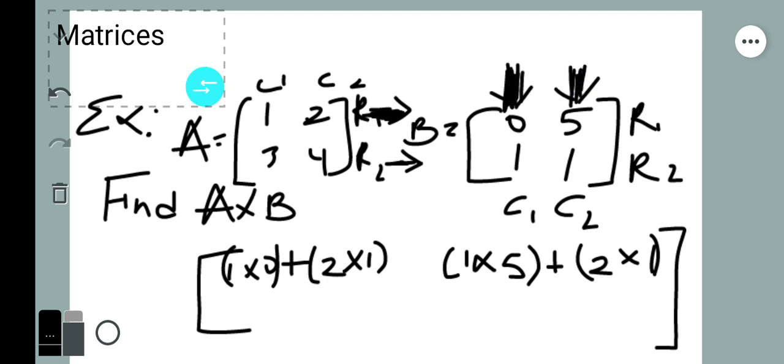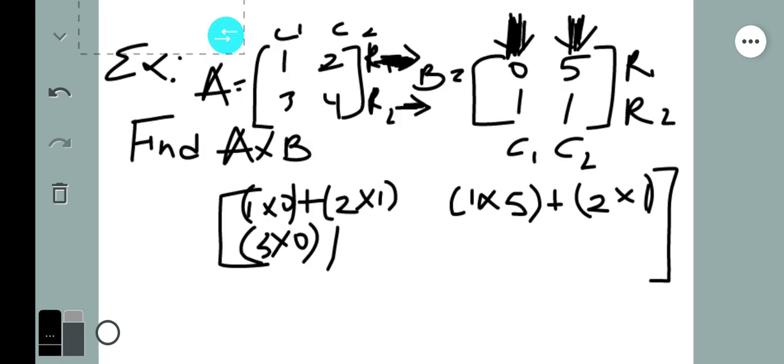So row 2 multiplies column 1. That will be 3 times 0 plus 4 times 1.